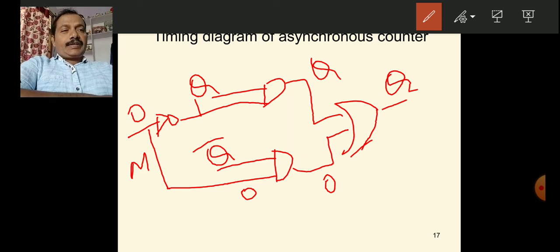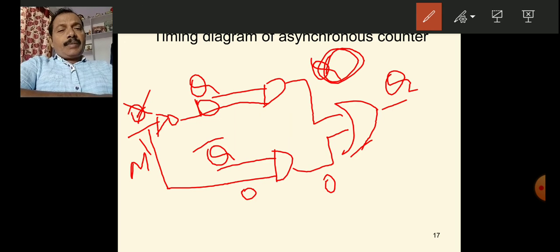Let us consider, for example, instead of 0, if you apply control bit 1. When 1 is applied, the output of the NOT gate is 0. And 0 dot Q is 0 only. And M equals 1 means here 1, here 1.